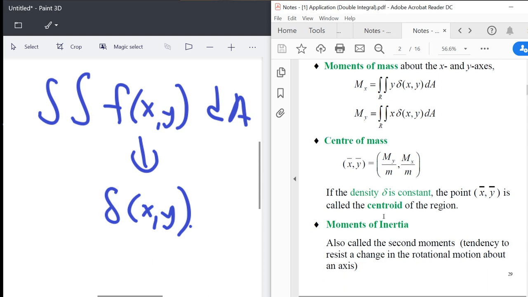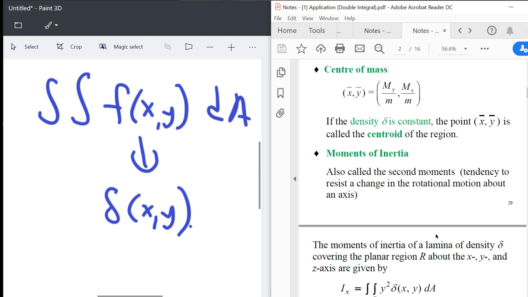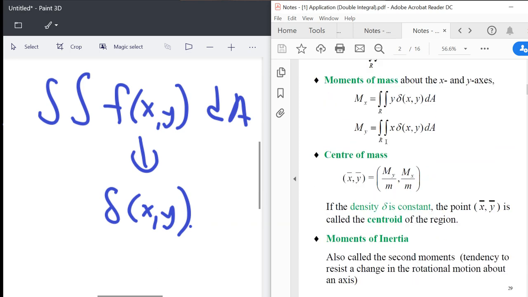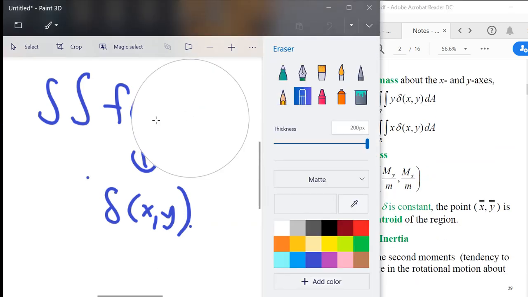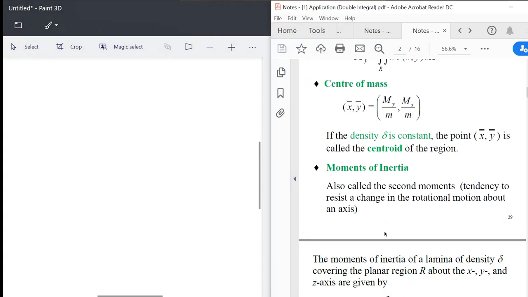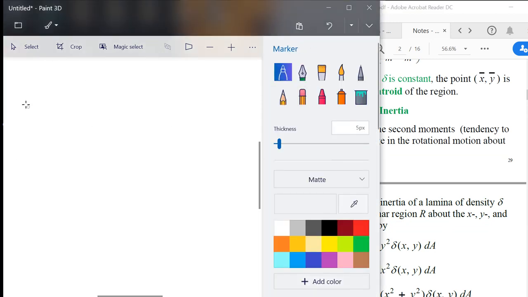The last one is moment of inertia, also called the second moment. It is the tendency to resist a change in the rotational motion about an axis. Basically moment of inertia comes from the moment of mass.